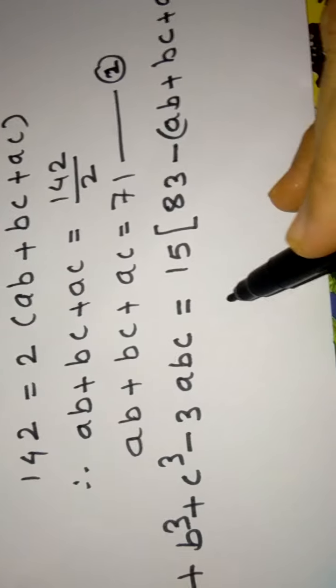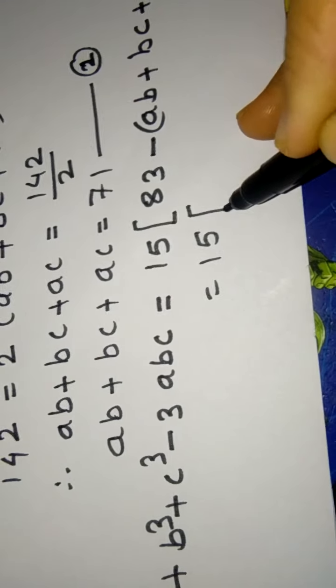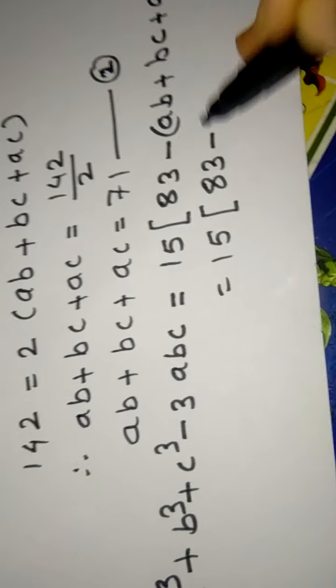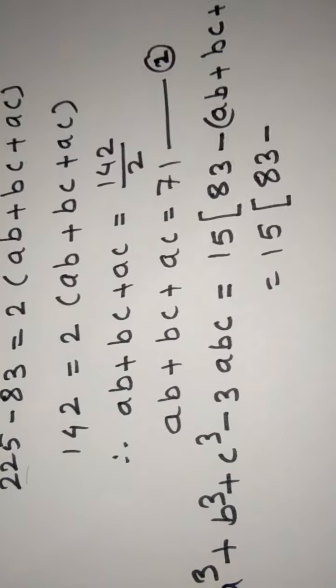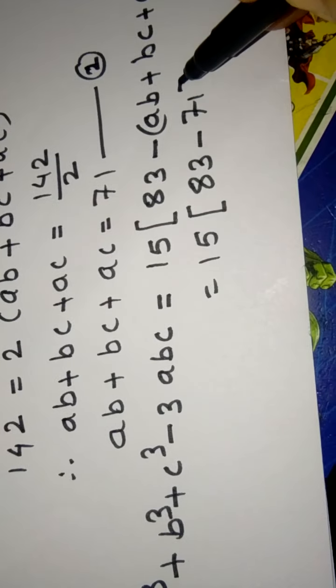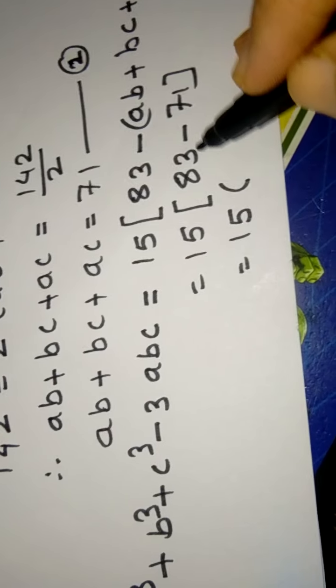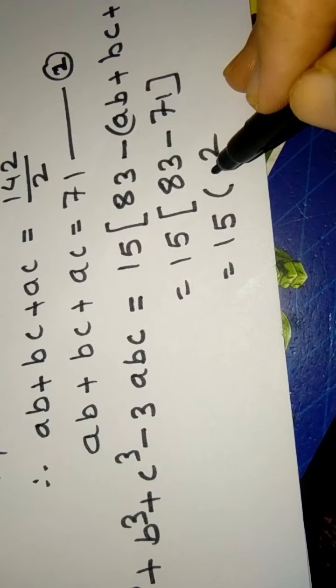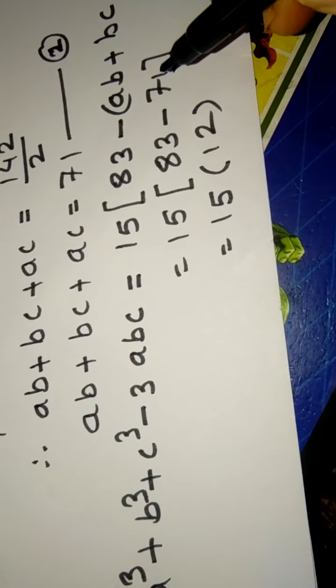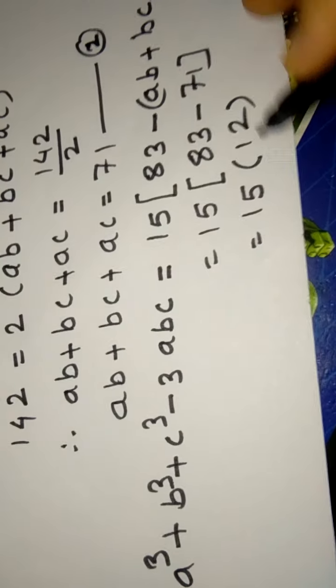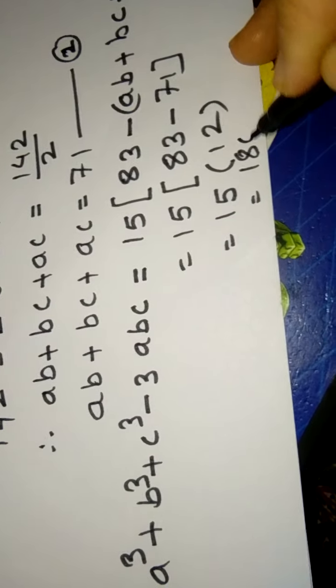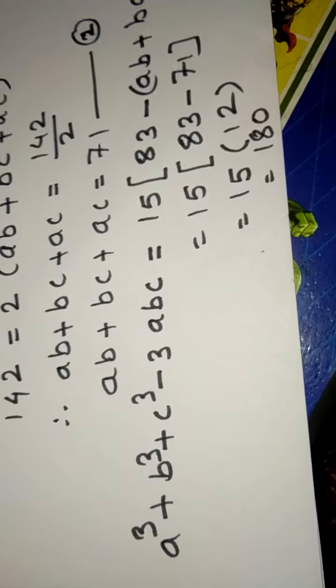Now put this value: it is equal to 15 into 83 minus the value of this, 71. That is equal to 15 into, 3 minus 1 is 2, 8 minus 7 is 1, so 12. 15 into 12 is equal to 180. We got the answer.